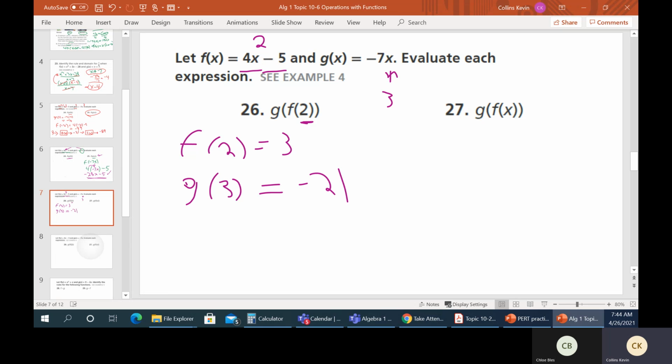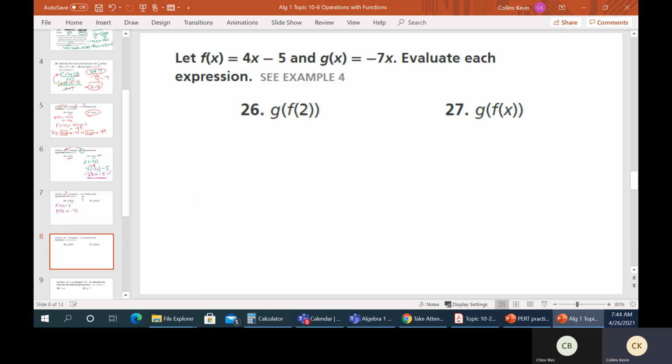All right, so let's go ahead and do that. So then we'll say, all right, so this time we're going to take the f function, this whole thing, plug it in every place we see x, all right? So let's go ahead and do that. So then we're going to have minus 7, and instead of calling it x, we're going to call it 4x minus 5.